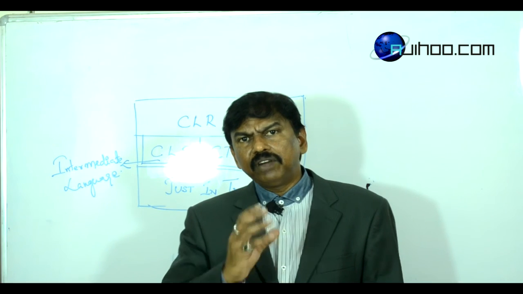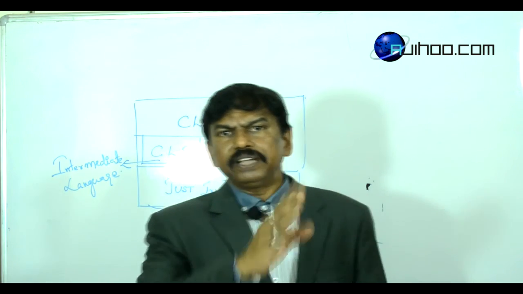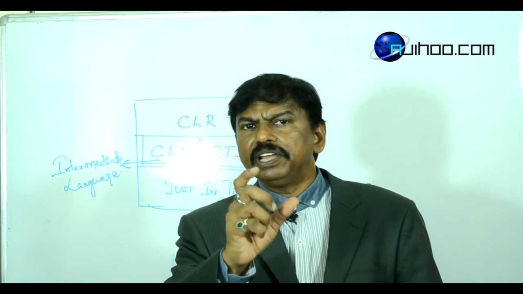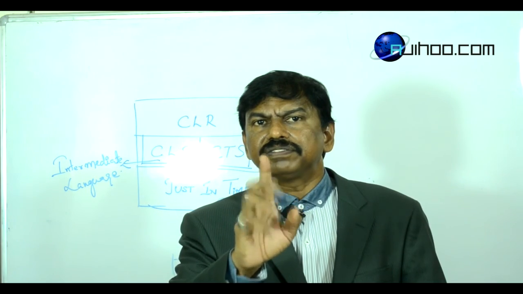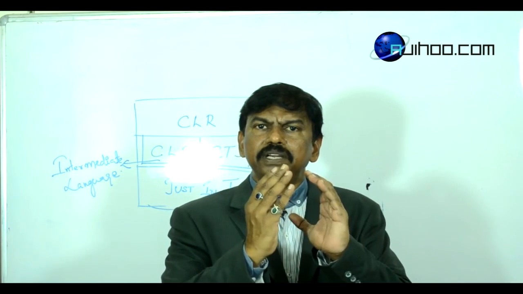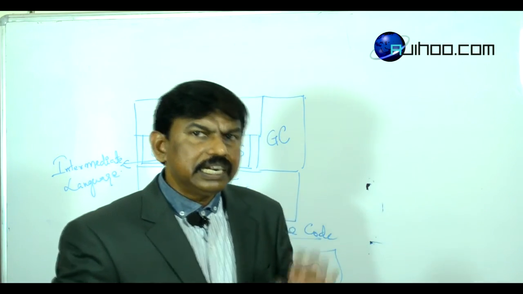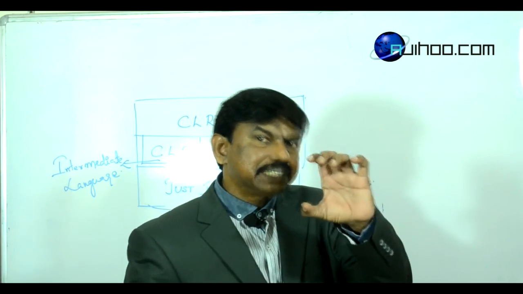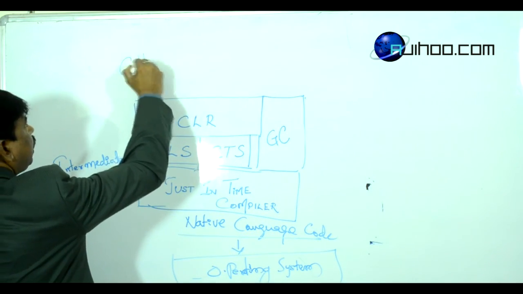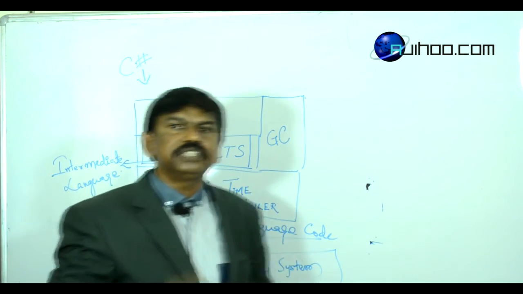So in a nutshell, I would like to tell you how the languages of Microsoft, let us just say an example, C# is a language defined by Microsoft. This C# language, how it will be transformed and how it will be converted into native code, let us discuss in a nutshell. Okay, so once this C# language is written, it will go to the common language runtime.